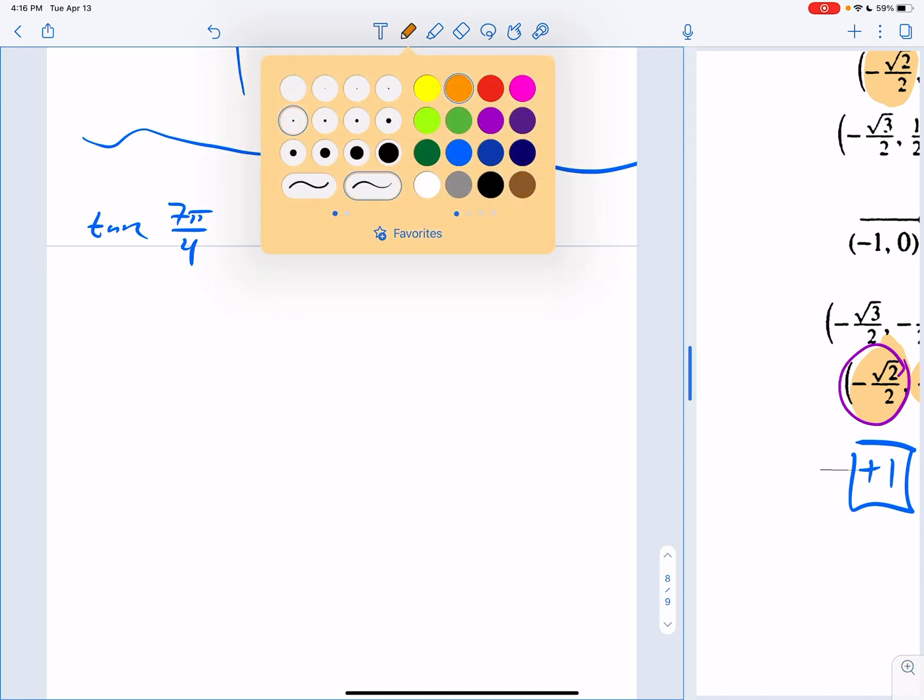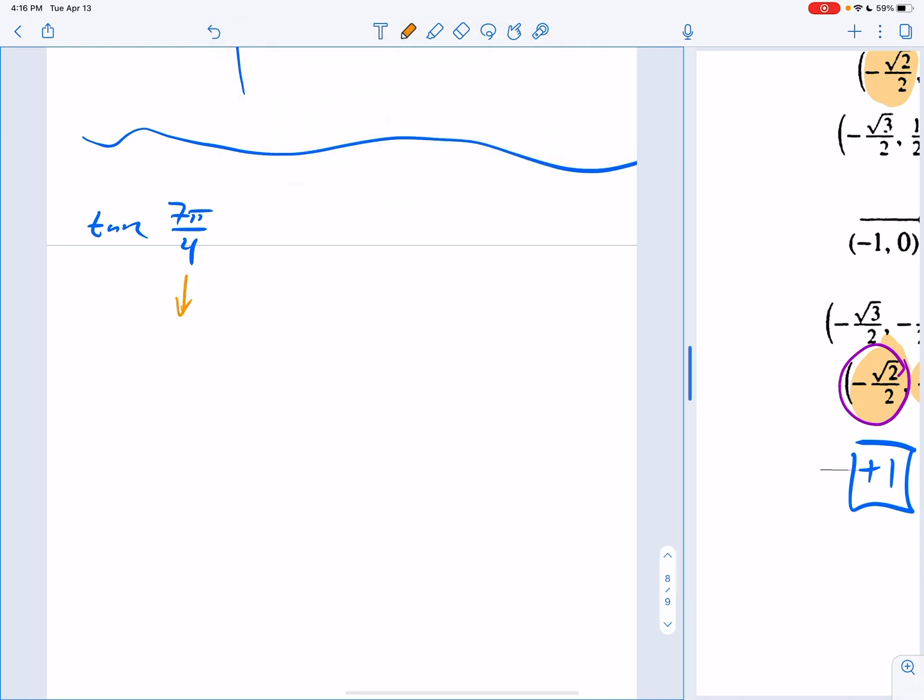It's the same thing. 7 pi over 4 is definitely an angle that's somewhere in between. I know that this is a case of double minus 1, so I know I'm in quadrant 4. And if I'm in quadrant 4, all students take calculus. I know that cosine is positive, so tangent should come out negative. So I'm just going to put a negative sign here.